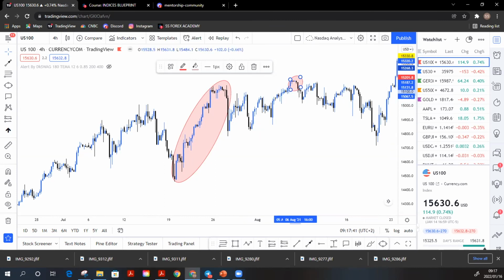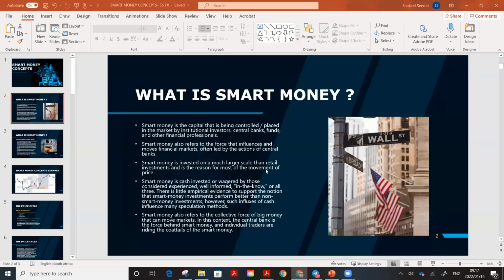Okay, let's just go back to my slide. All right, so smart money is invested on a much larger scale than retail investments and is the reason for most movement of price. Smart money is cash invested or wagered by those considered experienced, well-informed, in the know, or all three. There's little evidence to support the notion that smart money investments perform better than non-smart money investments.